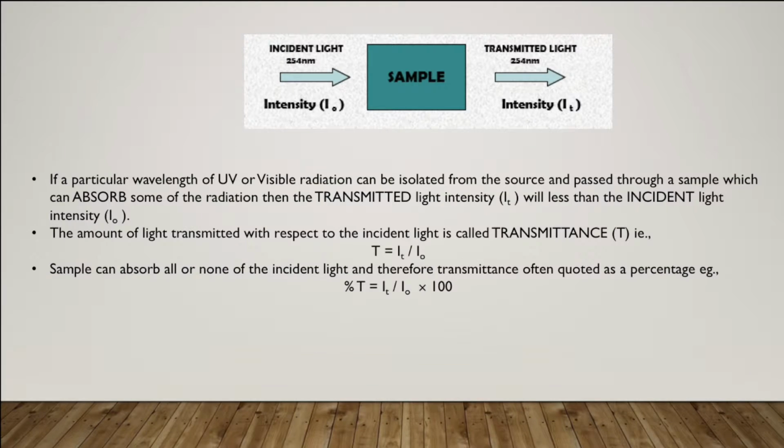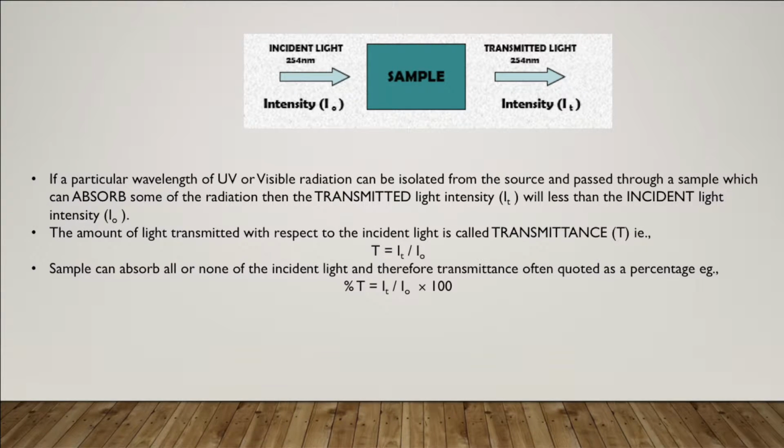If a particular wavelength of ultraviolet or visible radiation can be isolated from the source and passes through a sample which can absorb some of the radiation, then the transmitted light intensity will be less than the incident light intensity. The amount of light intensity with respect to the incident light is called transmittance.